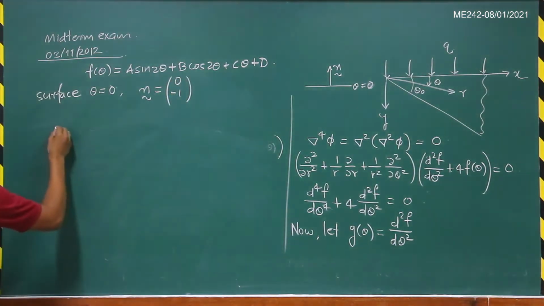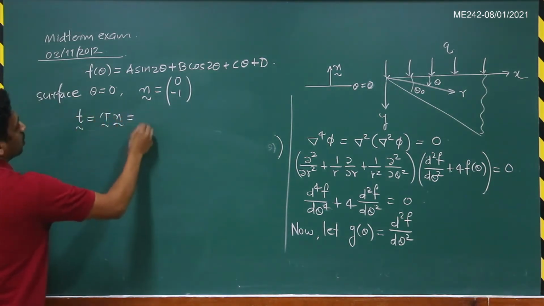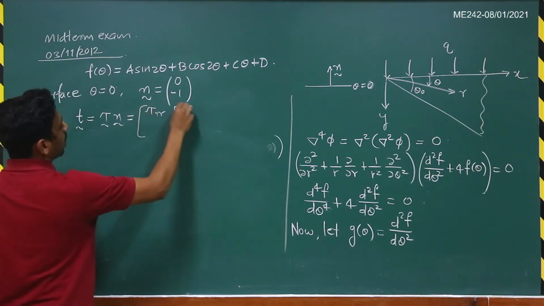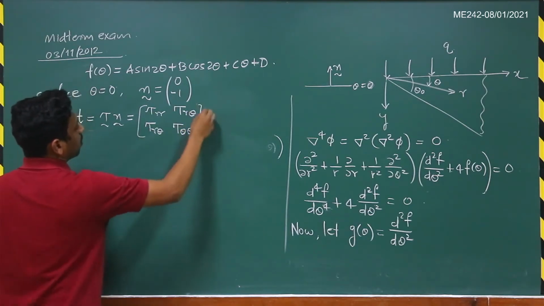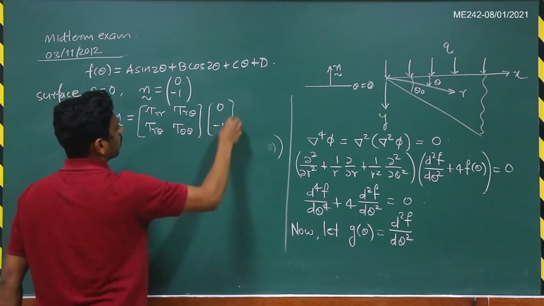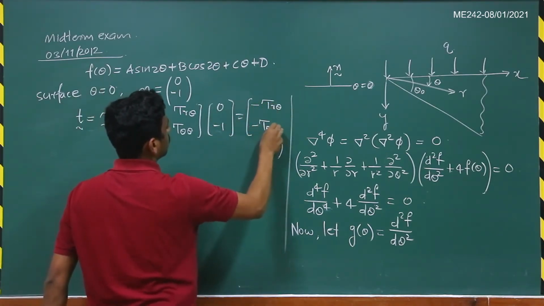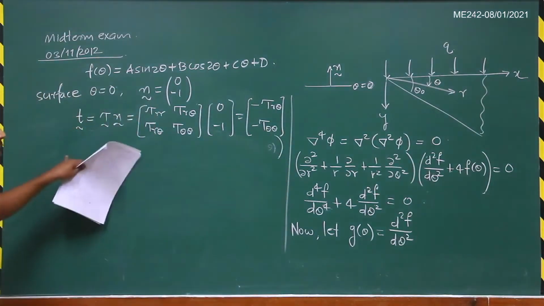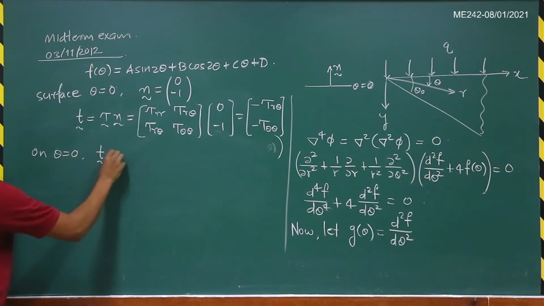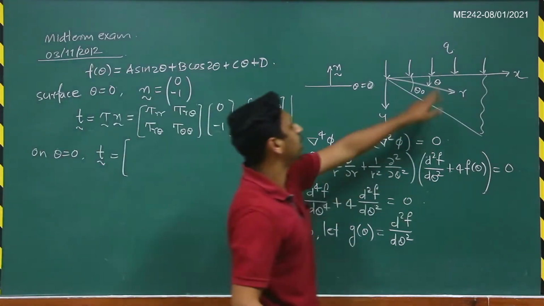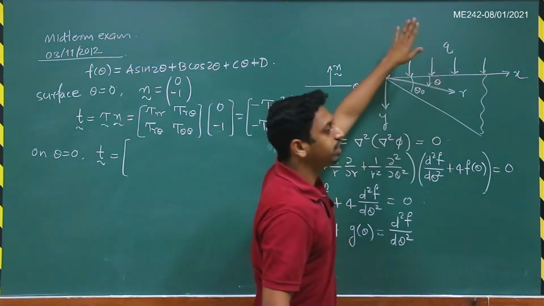Now we use this Cauchy relation. So traction on this surface will be tau n. Tau will be tau r theta and tau theta theta, multiplied by the normal (0, -1), and we get minus tau r theta, minus tau theta theta. On theta equal to 0, we have this traction q aligned in the e theta direction.